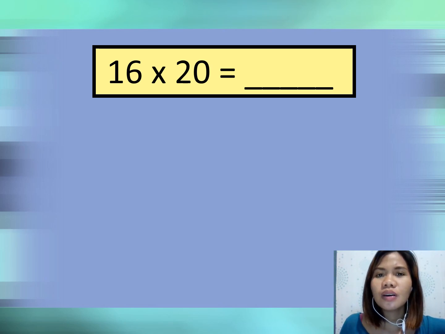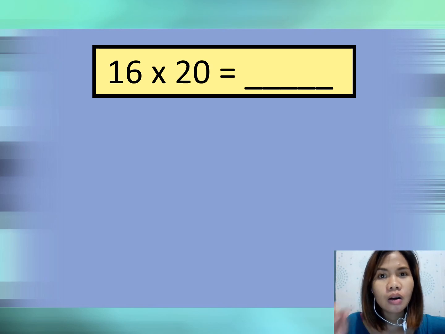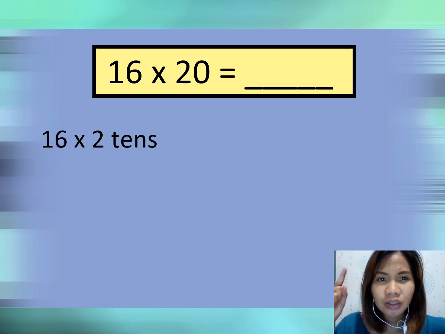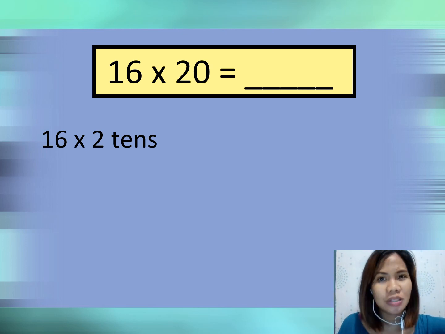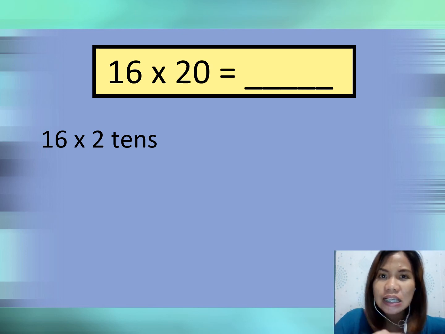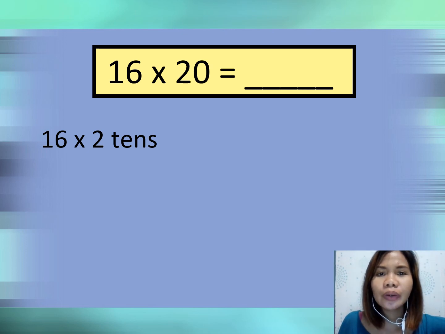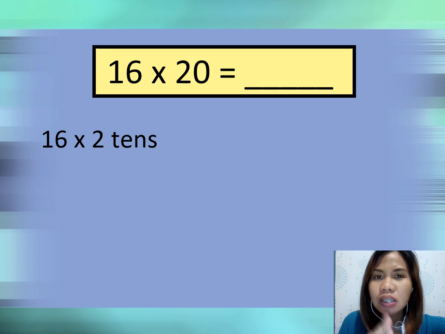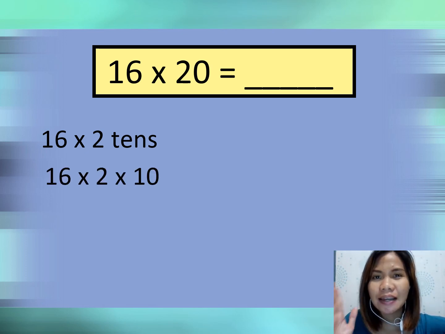First, you can change 20 into 2 tens. Take a look at that one. 16 times 2 tens. Right now, the only numbers that you can see are 16 and 2, right? Or you can also express 2 tens in this form: 16 times 2 times 10.